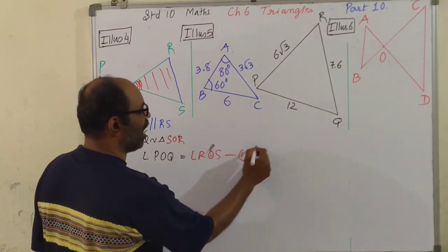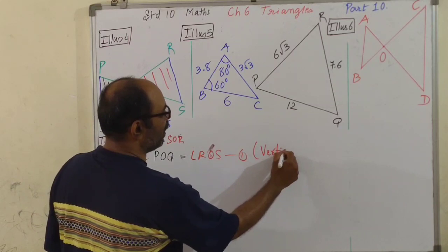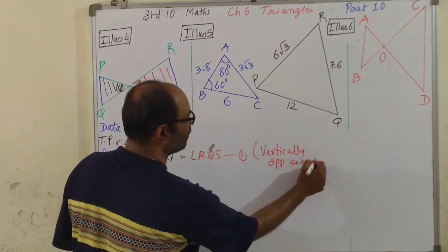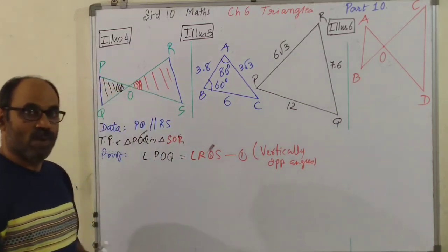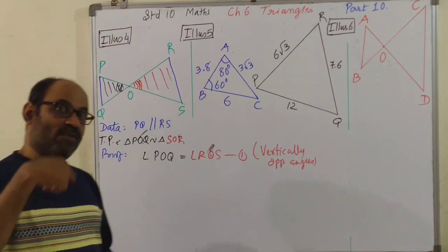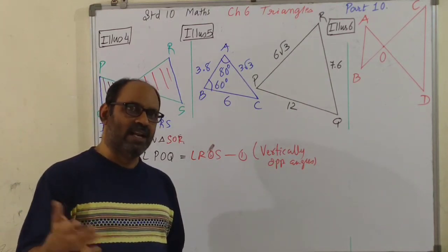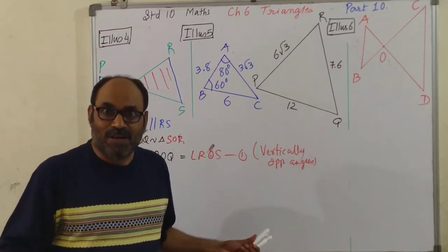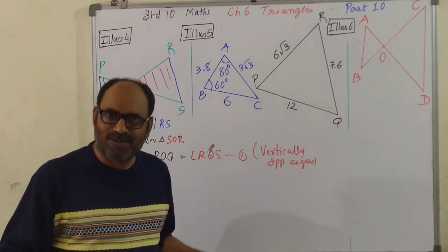Call it result number 1. And reason, vertically opposite angles. So 1 you got. Now you need second. If you get one more pair of corresponding angles equal, then automatically the third pair is equal. So by AAA, the 2 triangles will become similar and prove.